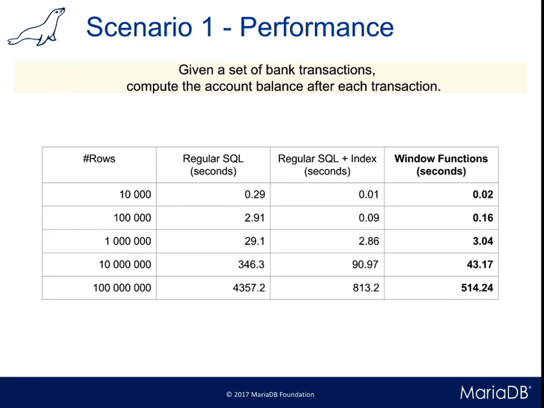If you use an index, then this can be divided by a factor of 10, but you do incur a bit of penalty when you use window functions for small sets. So look at this example here. The second line here shows you the overhead between window function computation and using an index. However, because you're not doing this self-join each time, this will be twice as fast in this example. Okay?